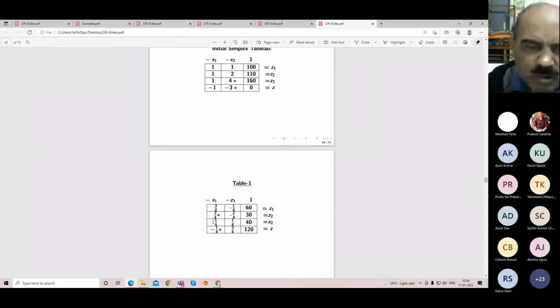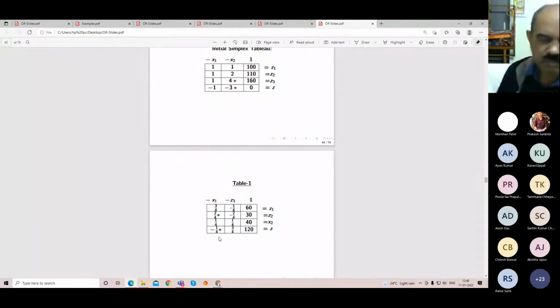The next element you have already computed as 1 by 4. Now the fourth row, first column element we want to compute. 4 into minus 1 is minus 4, minus 1 into minus 3, minus minus is plus. So minus 4 plus 3 is minus 1, so this is becoming minus 1 by 4.